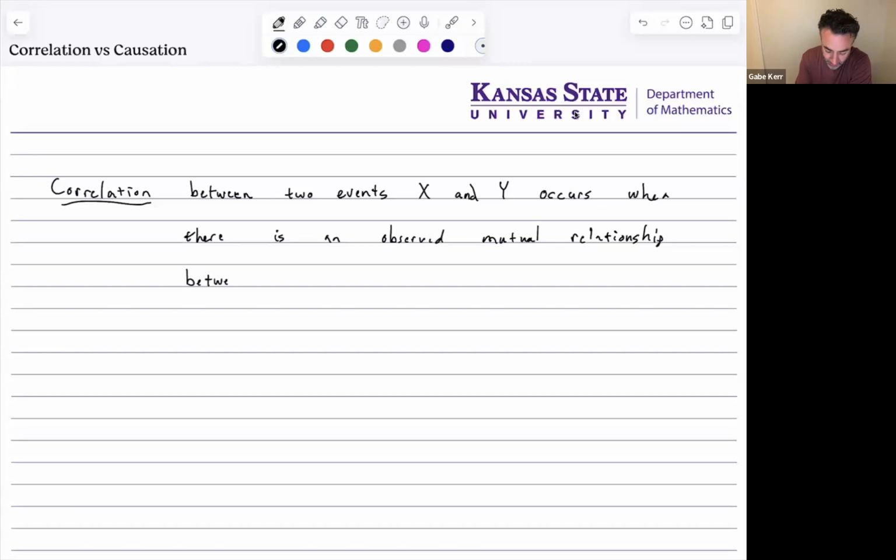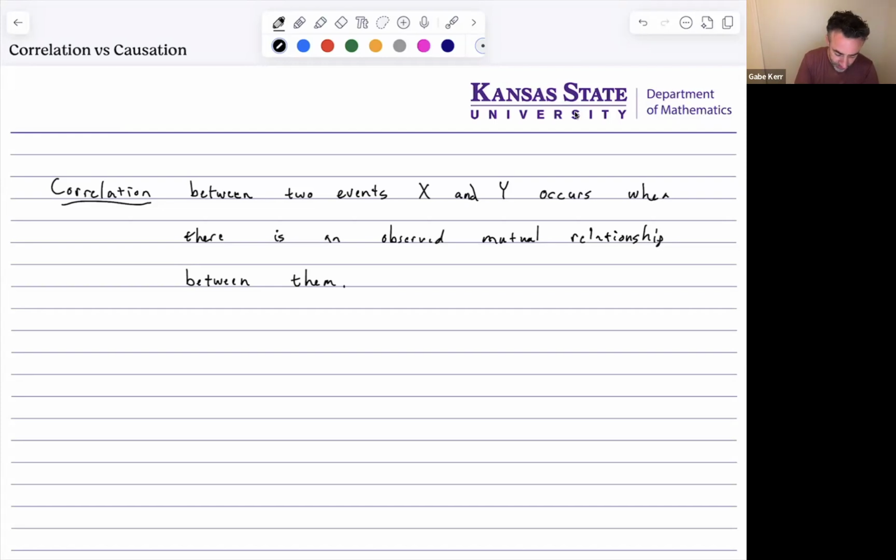Okay, so that's the idea of correlation. It's that they sort of are happening at the same time. Sometimes they're not happening at the same time. So there are some technical ways to gauge when there's a correlation, but it's just saying that there's some relationship between one happening and the other.